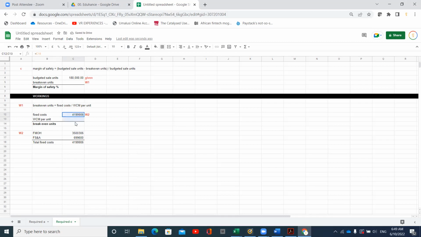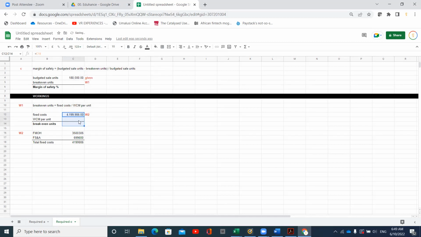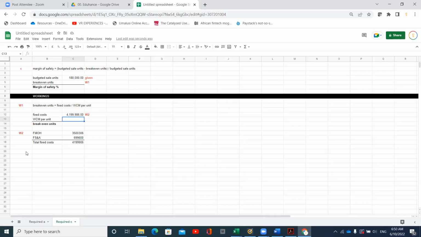Now we need to work out the weighted contribution margin per unit. Let's check quickly: 35306, 699 600. Now to do weighted contribution margin per unit, it's going to be as follows. Working 3.